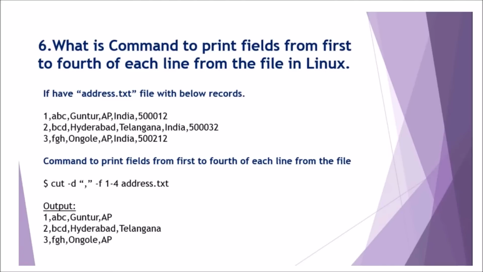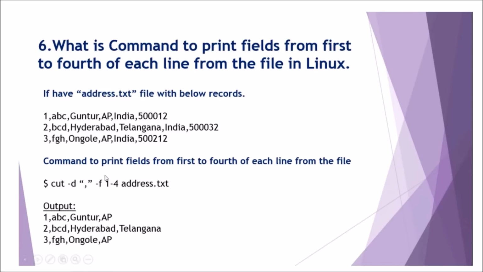So I just need till state. Here we have 1 as serial number and ABC as customer name, Guntur is city, AP is state, India is nationality, and pin code is 500001. Like this all the records have the fields. So I just need till state, fields 1 to 4.